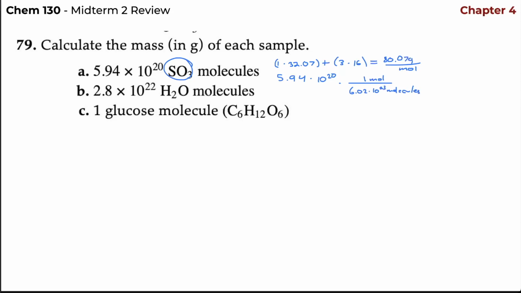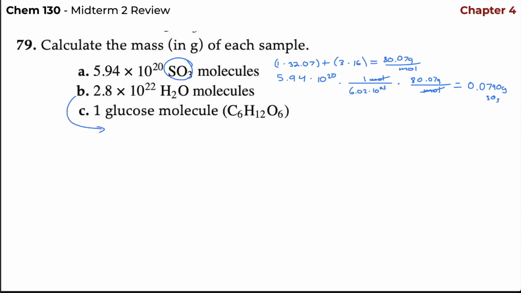And this is also molecules, so these units cancel out. And now we have the quantity in moles, right? Now, once we have the quantity in moles, we can use this conversion factor of 80.07 grams per mole, and we can cancel out the moles, and then we do all the math. It gets us 0.0790 grams of SO3.